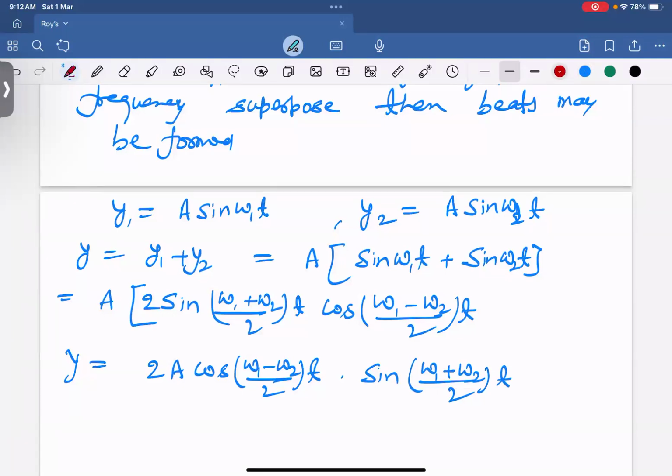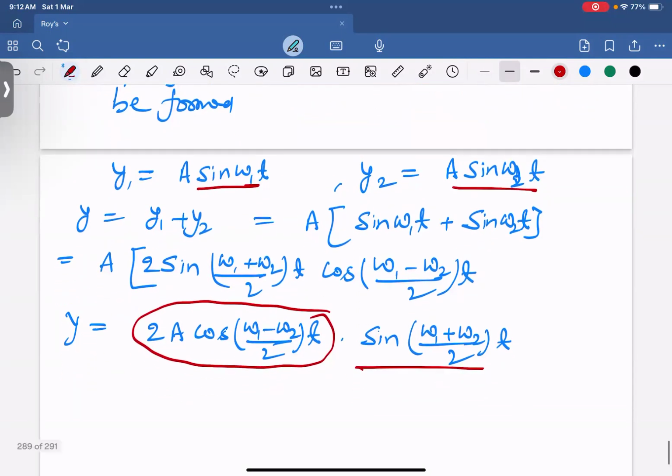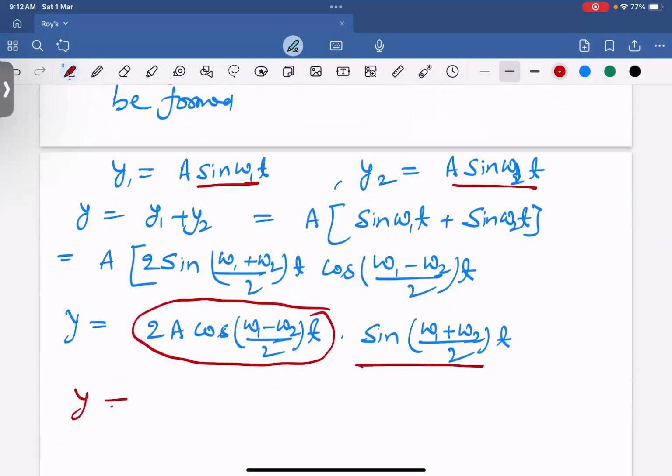As the original equation was only having sine, we keep the sine only, then the remaining terms will be like an amplitude only. So I can write y equals A dash into sine omega dash t.